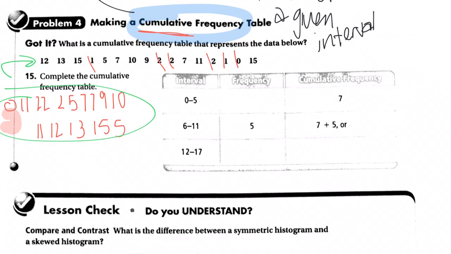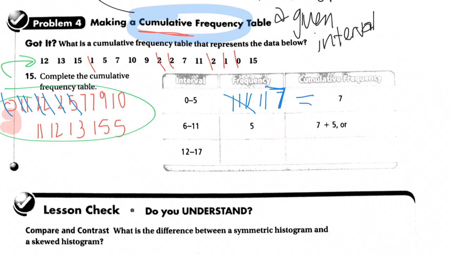So now when I have my cumulative frequency interval, I calculate the frequencies first. From 0 to 5, I have 1, 2, 3, 4, 5, 6, 7. So that's my tally marks, and then I put the actual value here. And the cumulative frequency, the numbers anywhere from 0 to 5, because that's the only interval we've covered, is just 7. So those are equal.